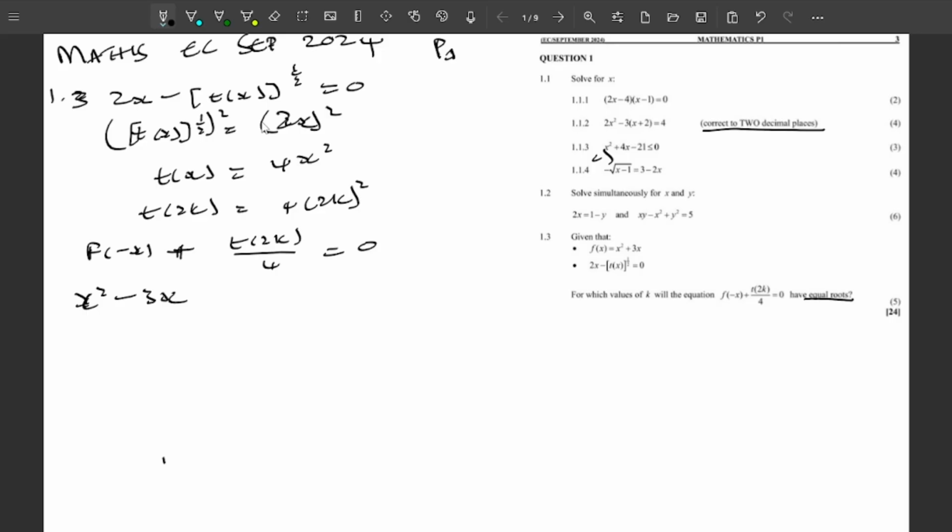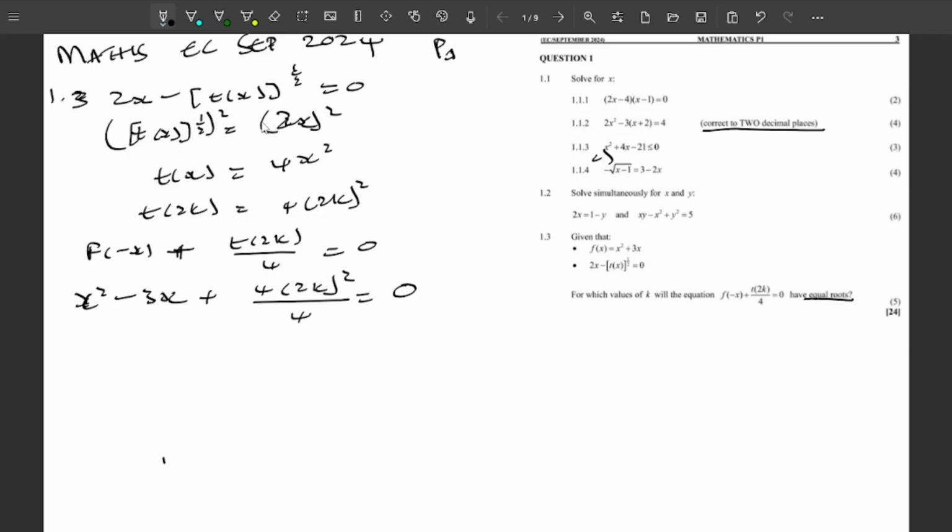Right, then from there on, we are going to look at this t of 2k, since it's equal to 4 open bracket 2k close bracket squared. So we're going to write 4 times 2k squared over 4, which is equals to what? Which is equals to 0.